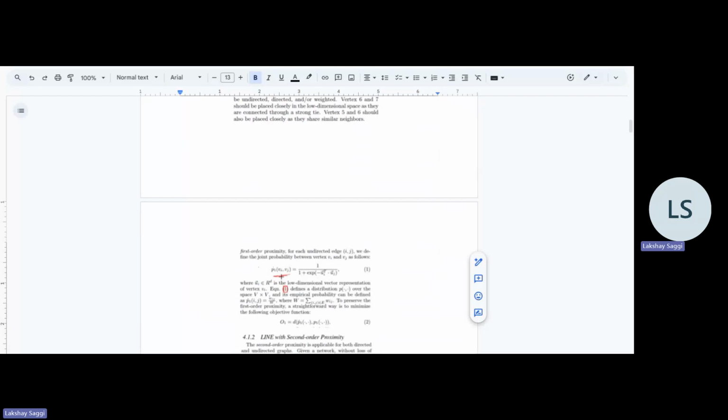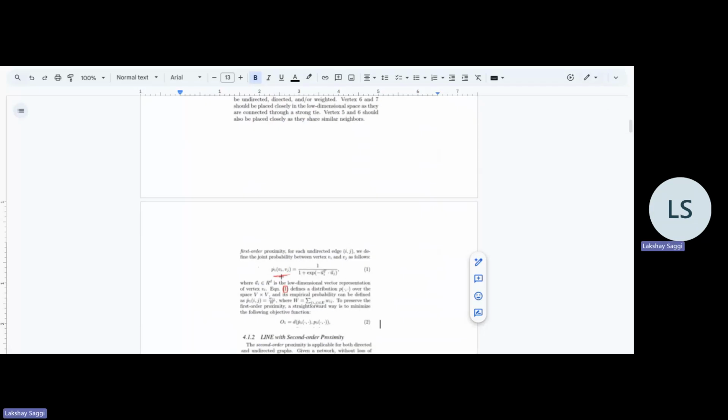Between any two vertices i and j, an edge of weight Wij exists, and the probability that there is an edge between i and j empirically can be written as Wij divided by capital W, where capital W is the summation of weights over all edges.